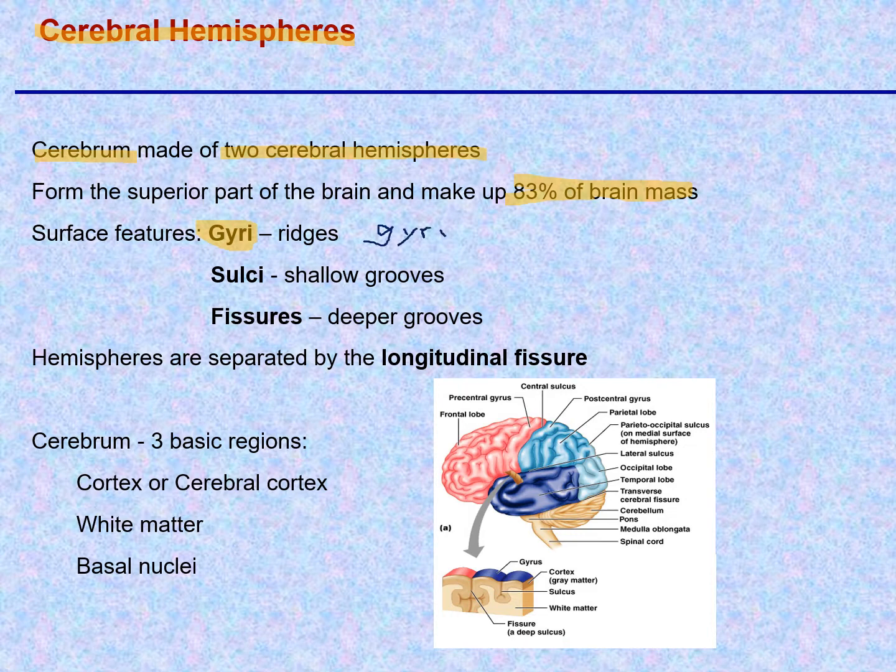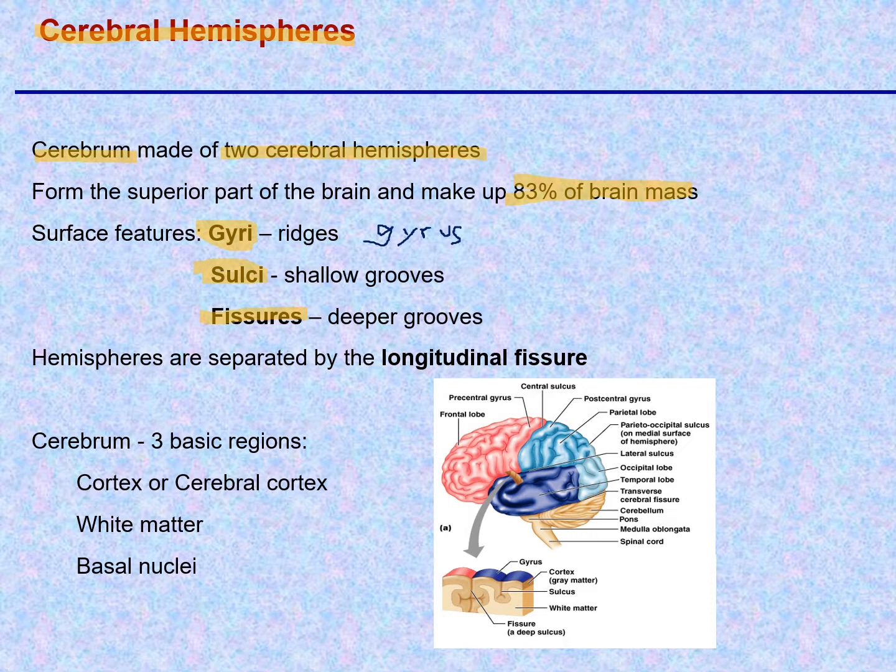Gyrus, that's one ridge, and multiple would be gyri. And then the grooves in between them are called the sulci, so a single one is called a sulcus. There are also a small number of deeper grooves, and these are called fissures, and I'll draw your attention to that later.